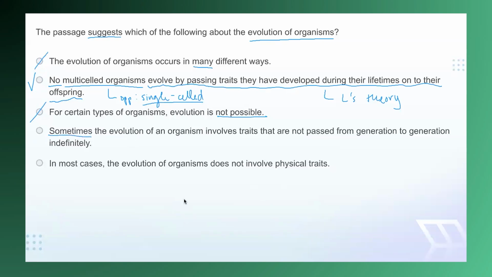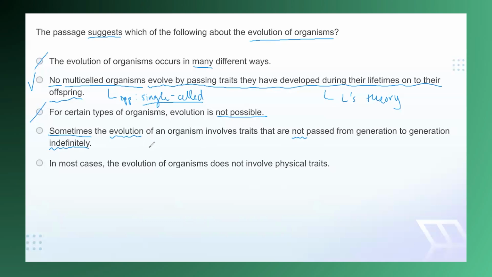We know from paragraph 3 that it's because traits are passed down indefinitely in our special single-celled organisms that they are examples of true evolution. And we know that this is in direct contrast to paragraph 2, where we see that because traits disappear after a few generations in cases of gene expression modification, i.e. they are not passed from generation to generation indefinitely, they are not examples of evolution.